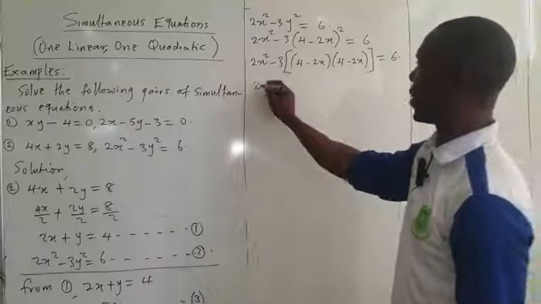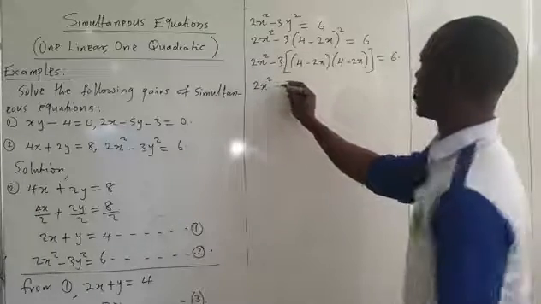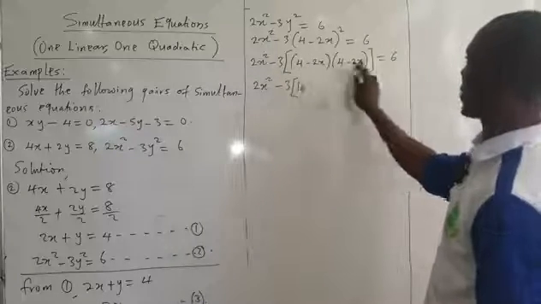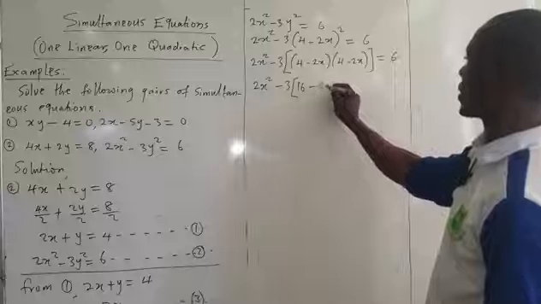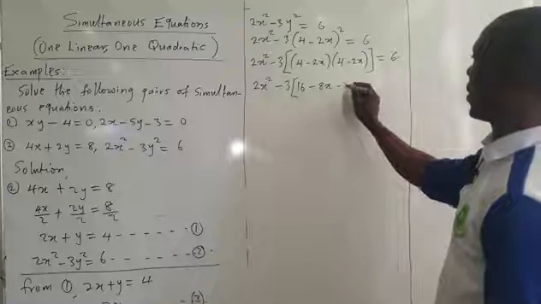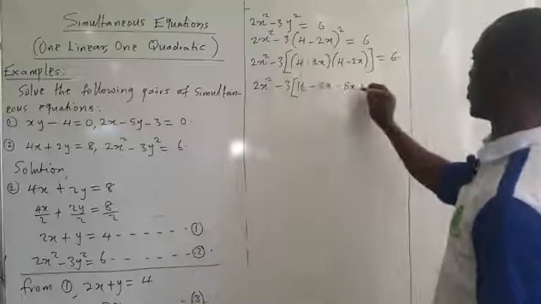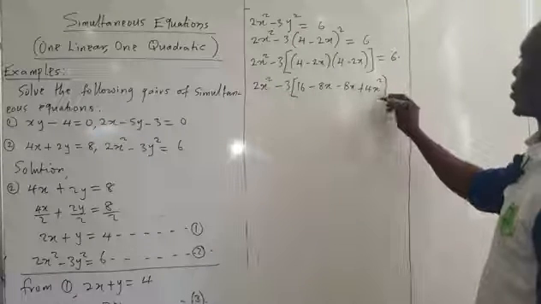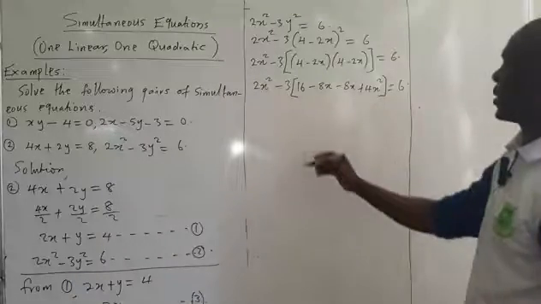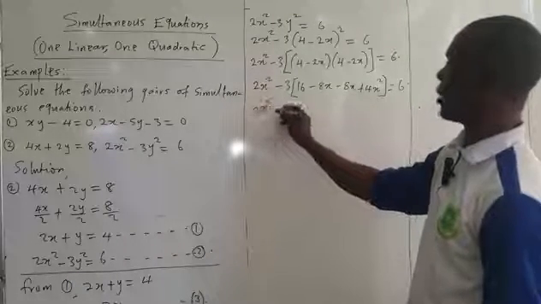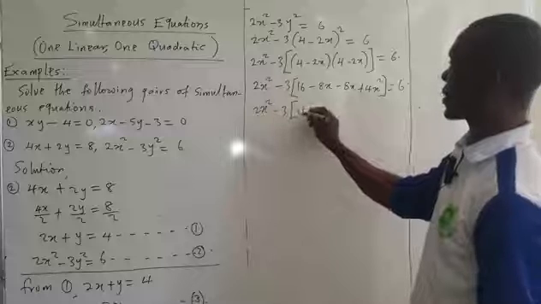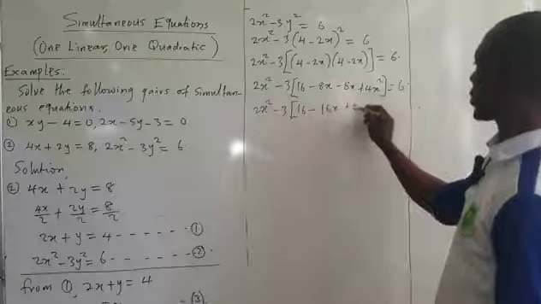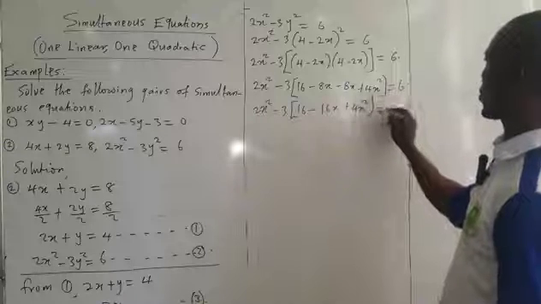So we now have 2x squared minus 3 open bracket, 4 times 4, 16. 4 times minus 2x, that's minus 8x, minus 2x times 4, minus 8x, minus times minus plus, 2x times 2x, that's 4x squared, then close the bracket equals 6. So we now have 2x squared minus 3 into 16 minus 16x plus 4x squared equals 6.